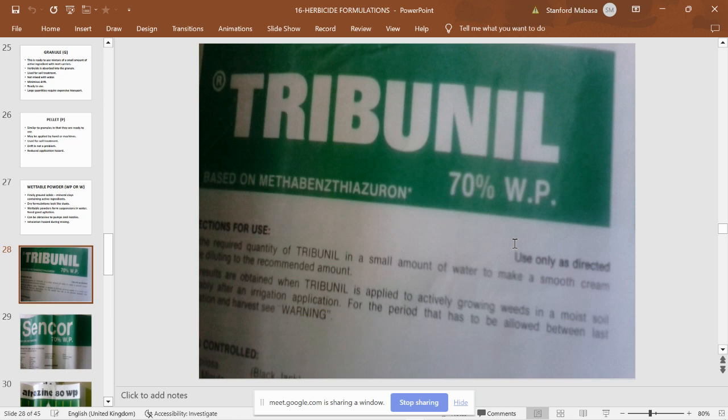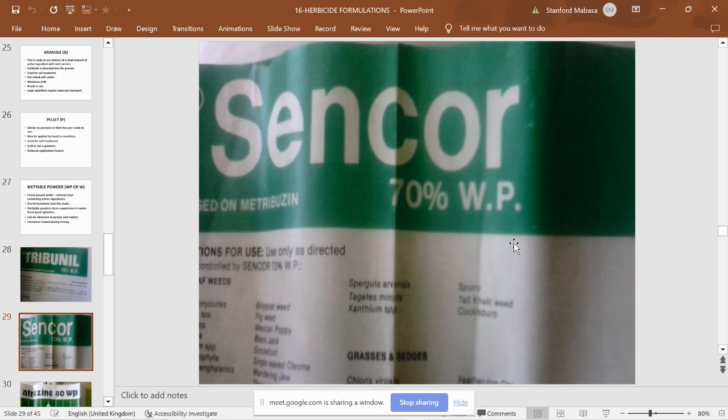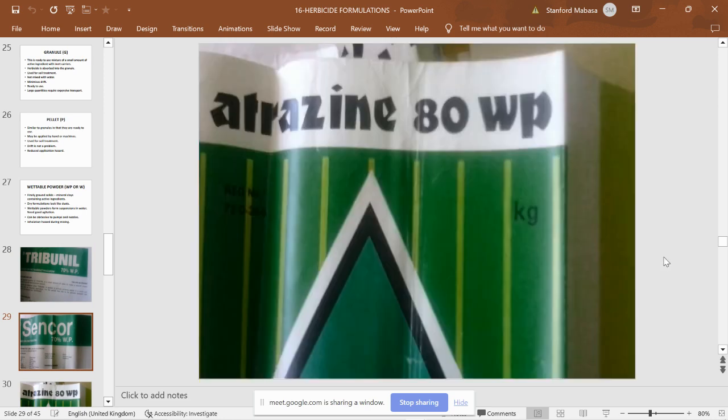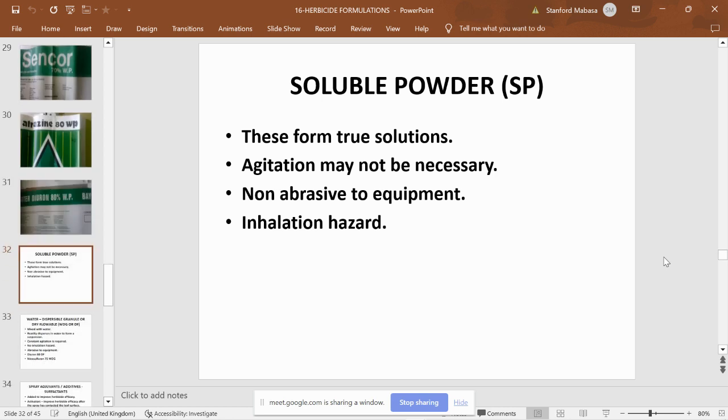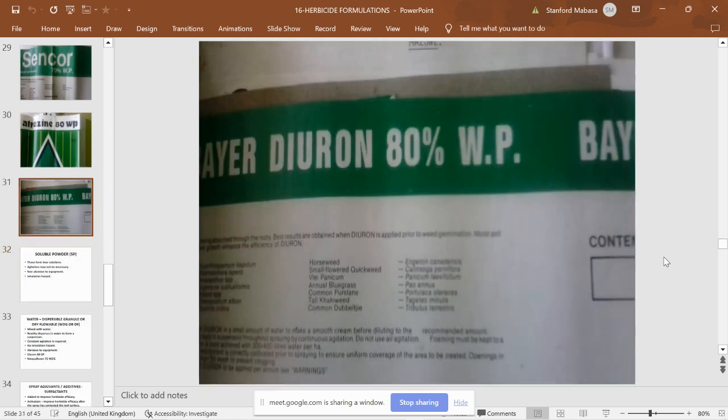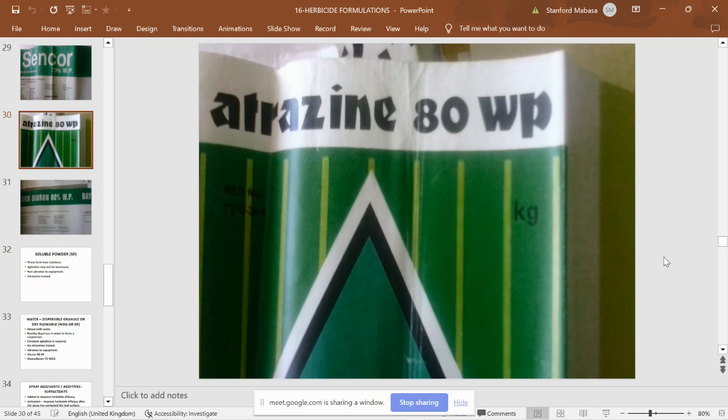Tribunal 70% WP, which means wettable powder. Sengo 70% WP. This is metribuzin, which is wettable powder. Atrazine 80 WP, which is wettable powder.